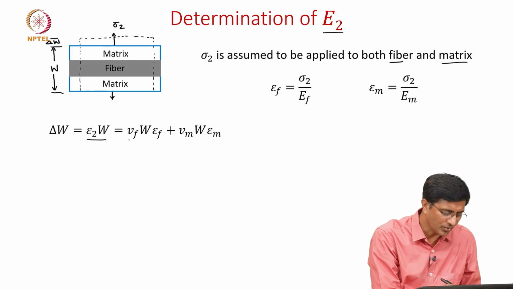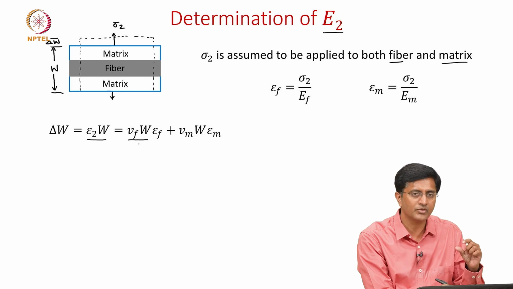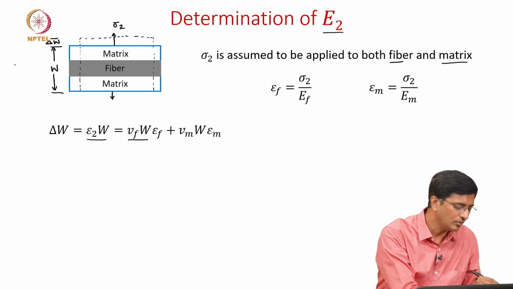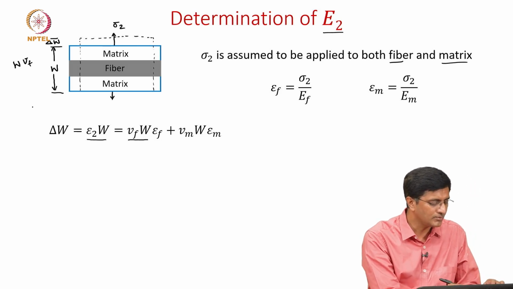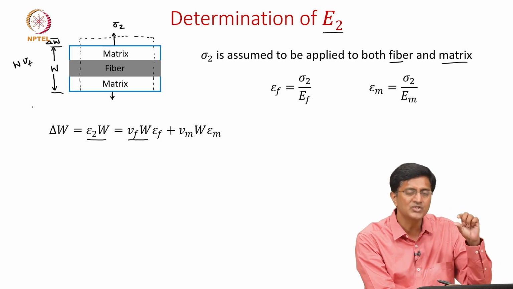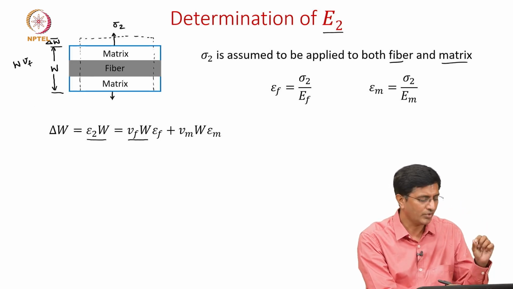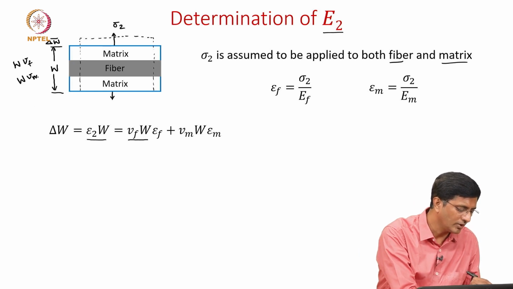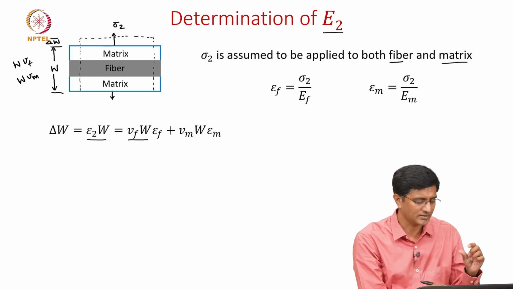So here too we focus first on the actual width of the fibers. Though the total width of the composite is W, what is W times Vf? W times Vf will give you the actual width of the fibers, and W times Vm will give you the actual width of the matrix.